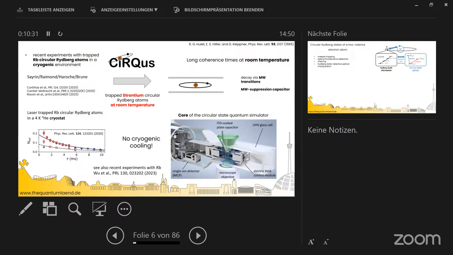So basically, you build a microwave cavity that you can look through. And that's useful because at the same time as you want to suppress the blackbody radiation, you also want to bring your tweezer light in or your optical fields, so that they can shine through. This ITO cavity is basically.